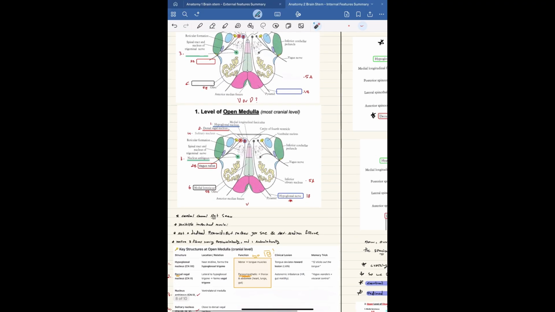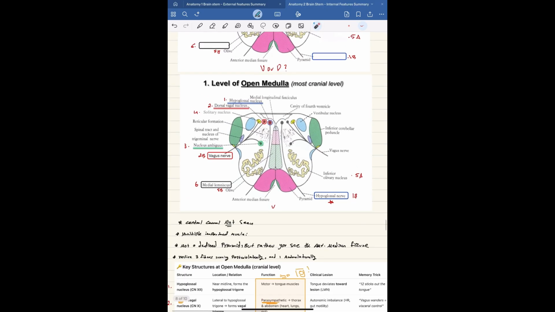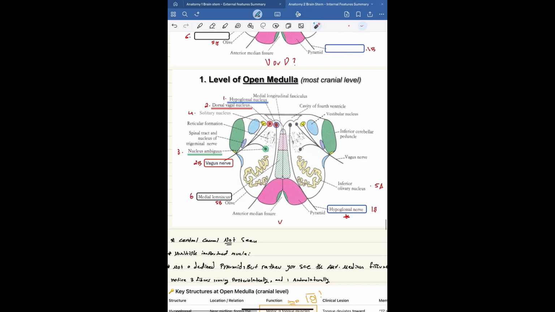First, I'll just pinpoint the structures we see, and from there, we'll move forward. So, first, notice what we see. We see the hypoglossal nucleus, the dorsal vagal nuclei, and the solitary nucleus, followed downward by the nucleus ambiguus.